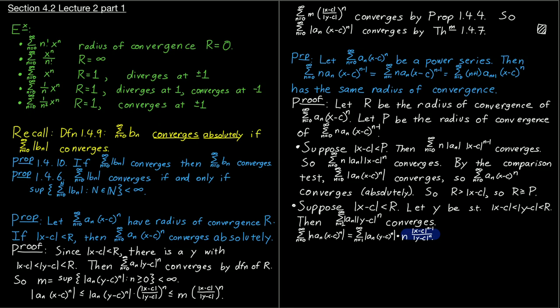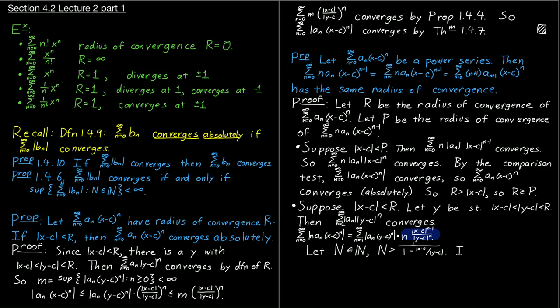So here is what we're going to do. We're going to let big N be a natural number, and big N is going to be greater than, and we'll come to see later why this is what I'm picking, 1 over 1 minus |x minus c| over |y minus c|. Now, since |x minus c| is less than |y minus c|, this thing we're subtracting off is less than 1, so by the Archimedean property, N exists.